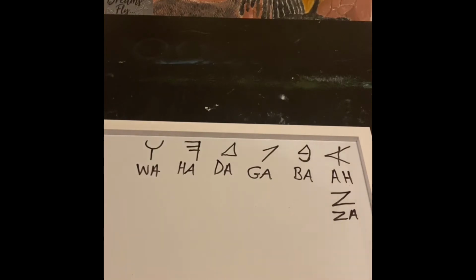Then the next character is Cha. You have to use the back of your throat to say that one. Some people in the modern just say Cha, but in the paleo, the character is Cha, right?